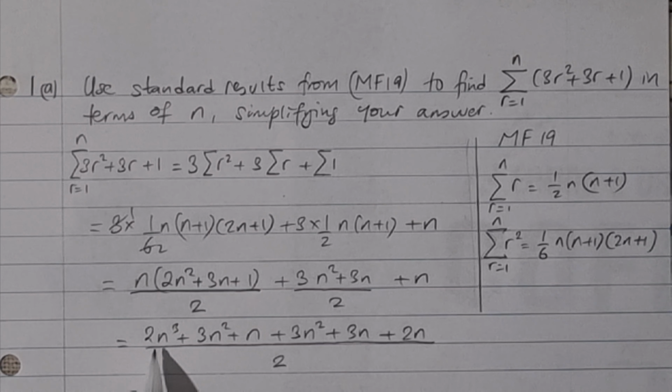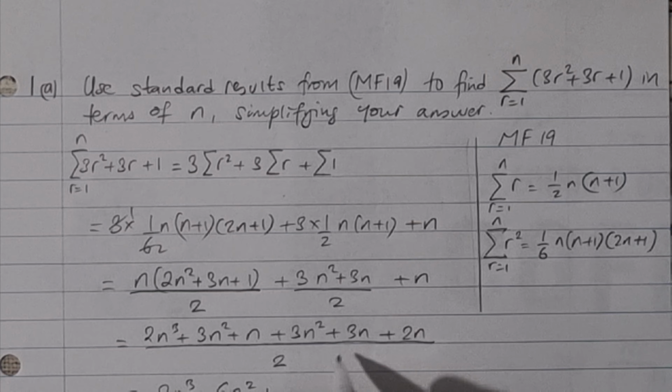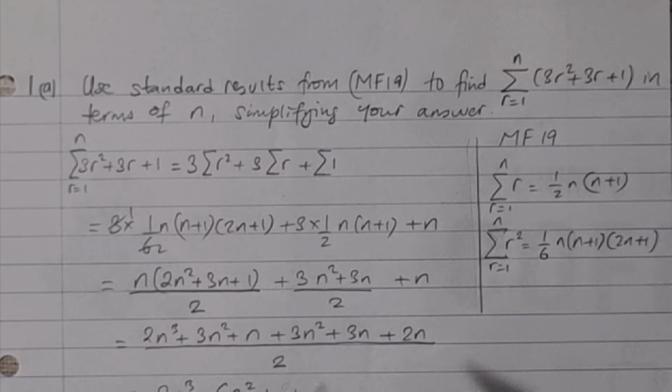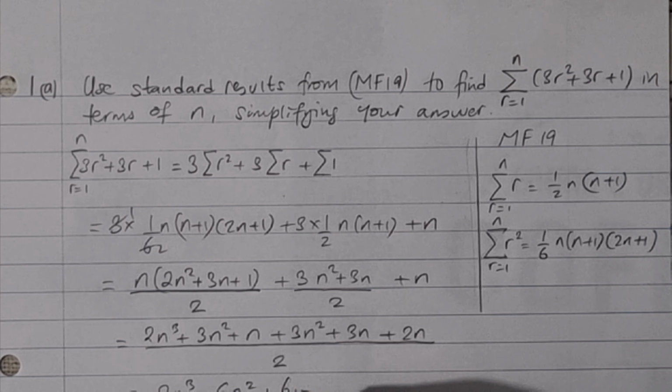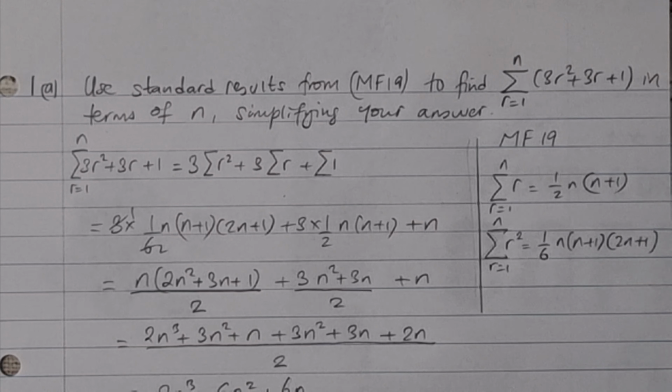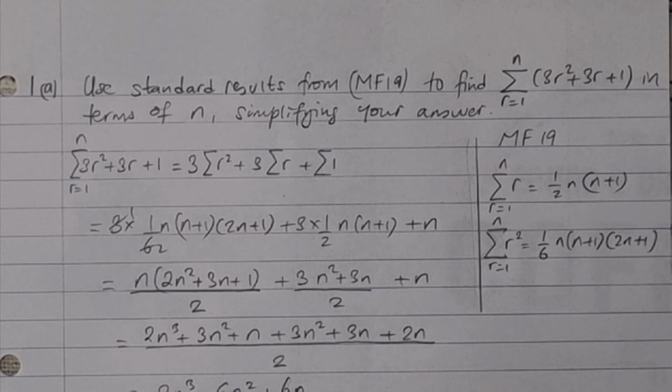So 2n to the cube plus 6n to the square plus 3n plus 2n plus n is plus 3n. So 2 plus 3 is 5 plus 1 is 6. So I got then 6n, all of that divided by 2.